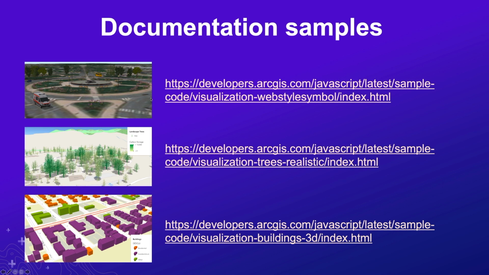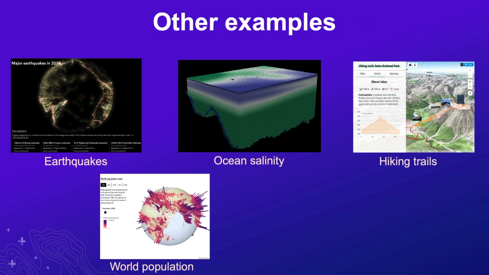So web styles and using renderers and visual variables to drive the height and the color of web styles. Extrusion, extruding polygons. These are basically samples with small snippets that are super handy if you just need a small example.